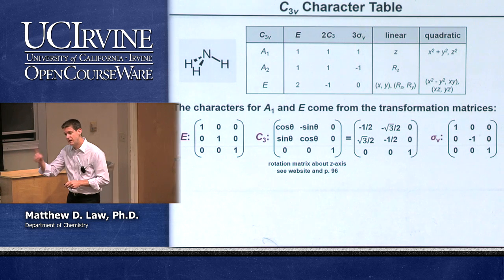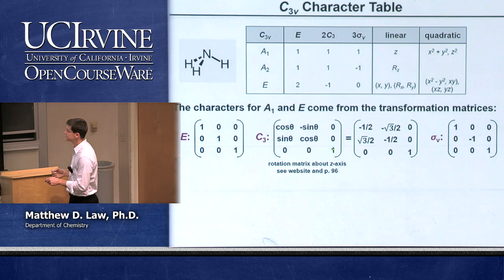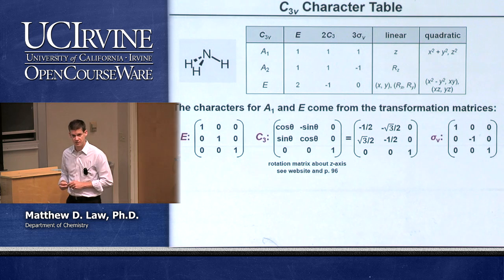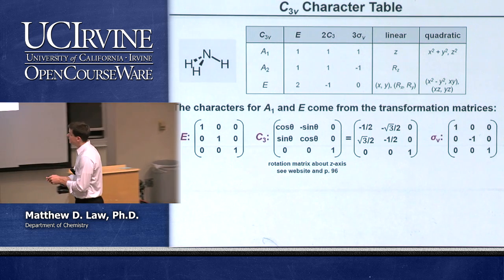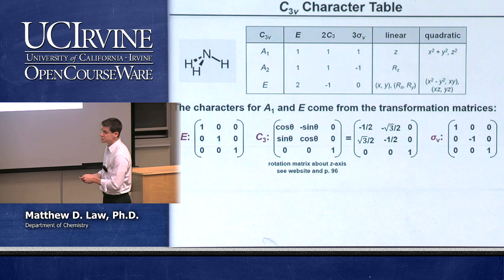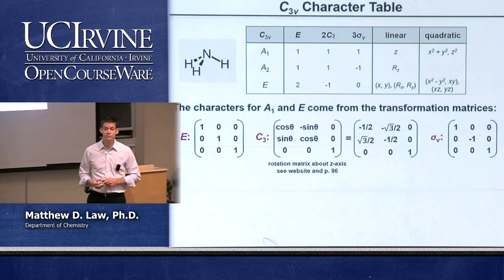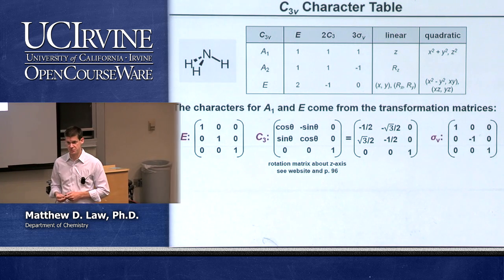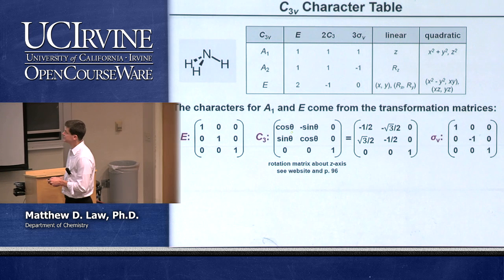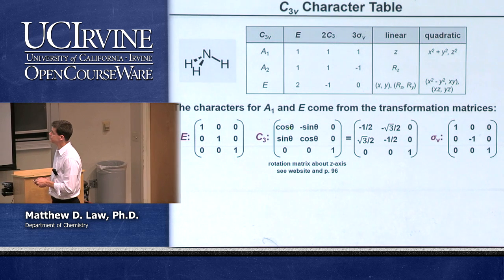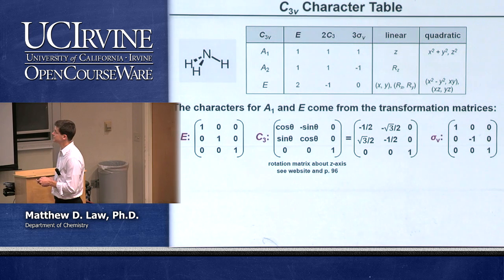This is a rotation around the z-axis, and so that's why the z-coordinate doesn't change. There's a 1 there. If we do a C3 operation, we have a 2 pi over 3 angle that we're changing by. If we stick in 2 pi over 3 for cosine of 2 pi over 3 and negative sine, etc., we get these numbers out.